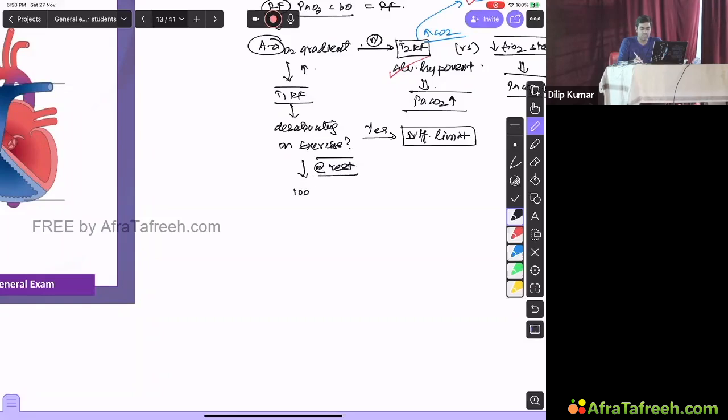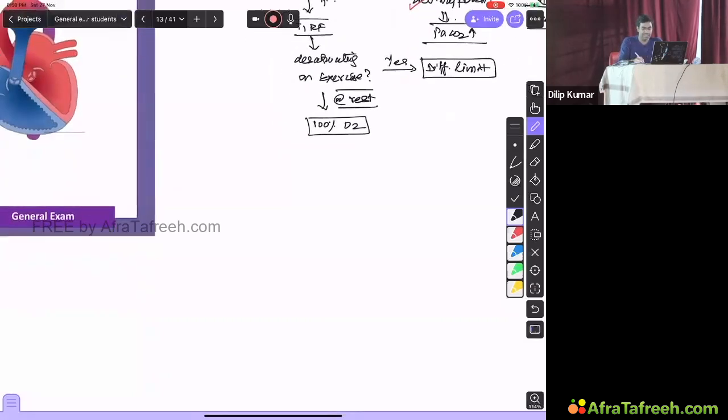So how do you find out? You need to give 100% oxygen to these patients. Hyperoxia test, I told you, no? You have to give 100% oxygen. If the PaO2 rises to more than 60, then it indicates a VQ mismatch. VQ mismatches can be managed with 100% oxygen itself.